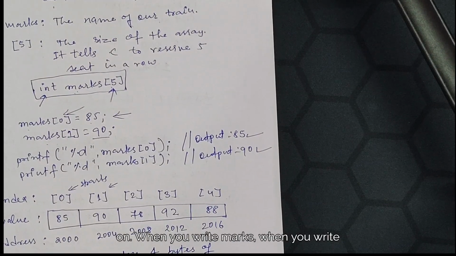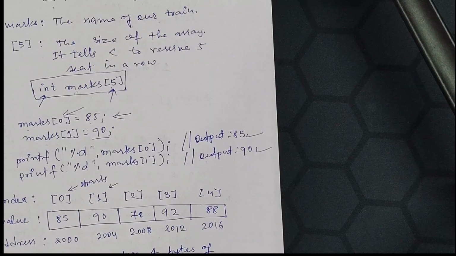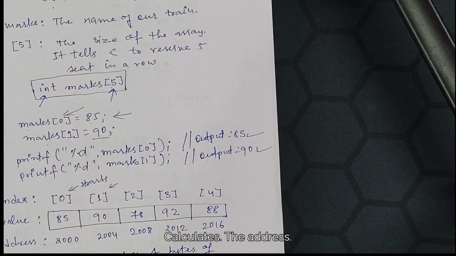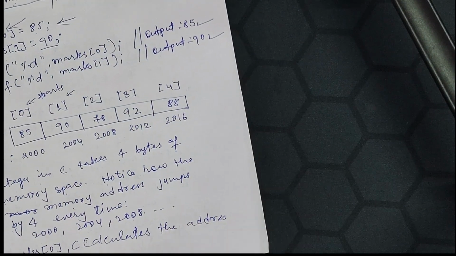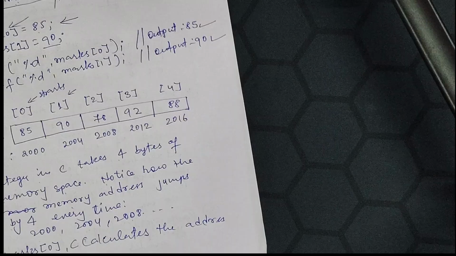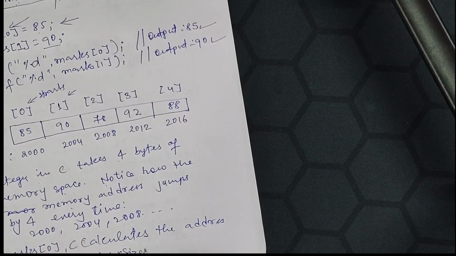When you write marks[0], C calculates the address as start plus index times size.